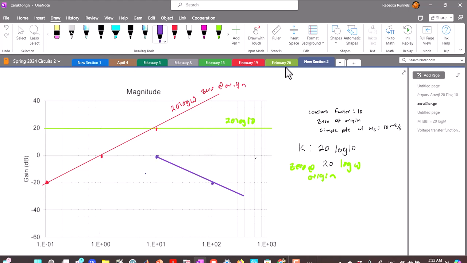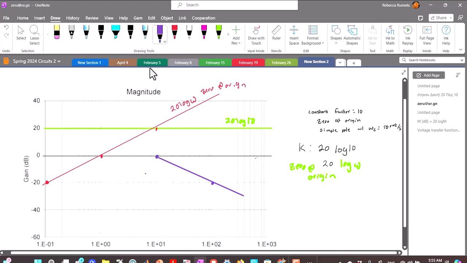And then up to where it hits the axis, up to that point, it is 0.